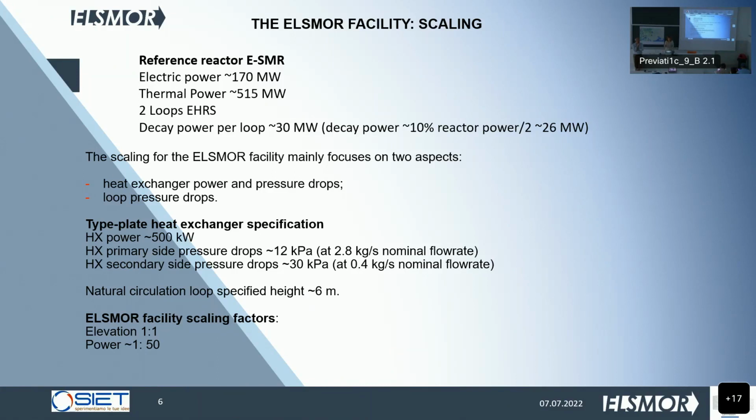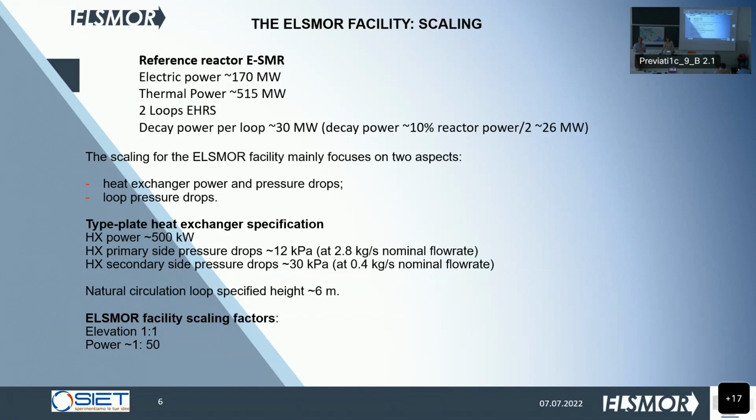Power and volume are correlated, but we maintain full height because the gravity heads are the same. Even if you have such a big pipe or this one, in the height you always have the same driving force. This is a classical rule: if you want to test natural circulation, you cannot scale it, so you have to keep the full height to test that the driving force is really that one.